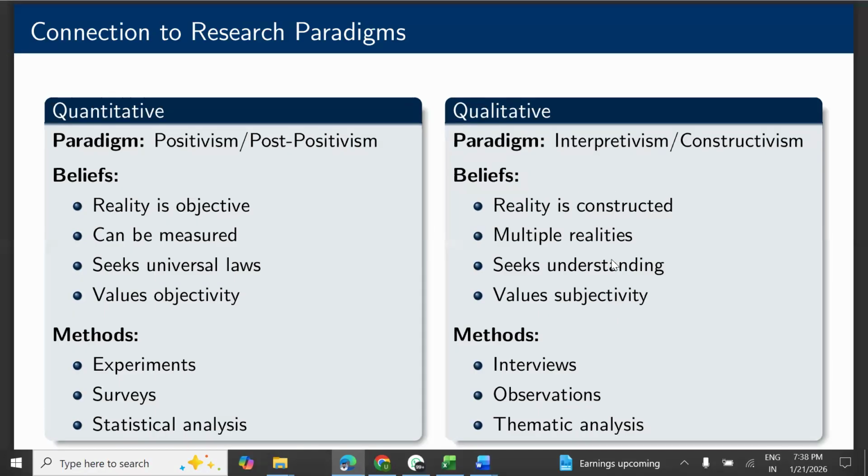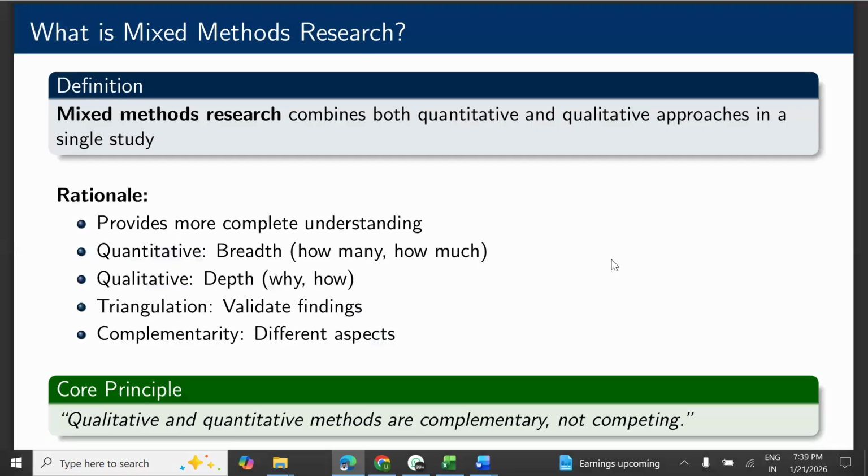The methods which we use are experiment method, survey method, and statistical method. But in qualitative, the paradigm which we follow is interpretivism and constructivism. The beliefs are reality is constructed, multiple realities may be possible. It seeks understanding, it values subjectivity. The methods are interviews, observations, and thematic analysis.